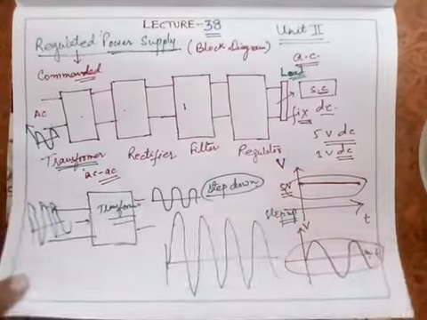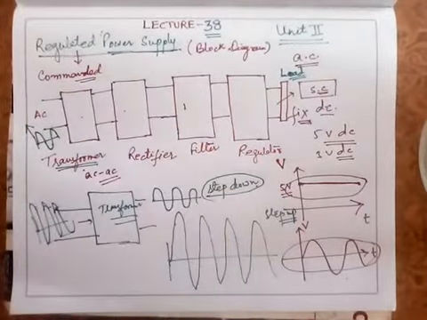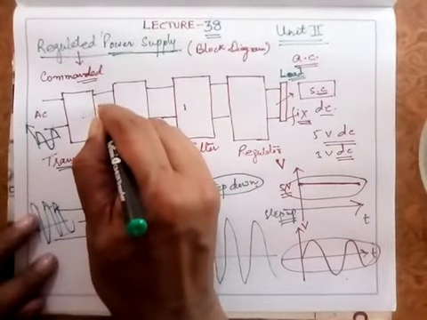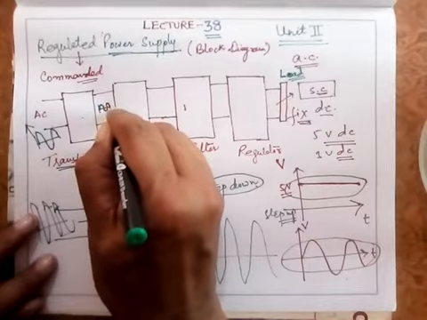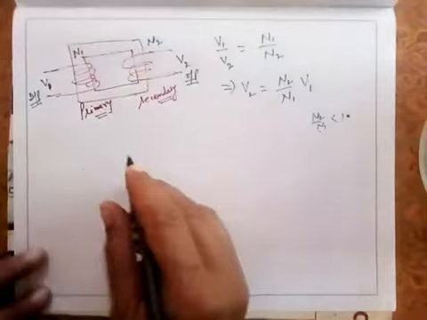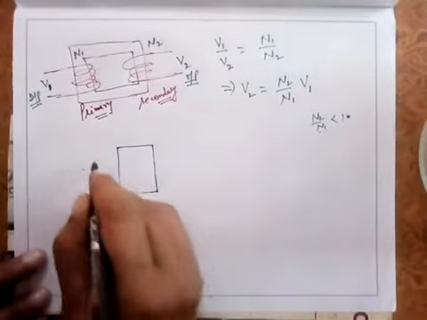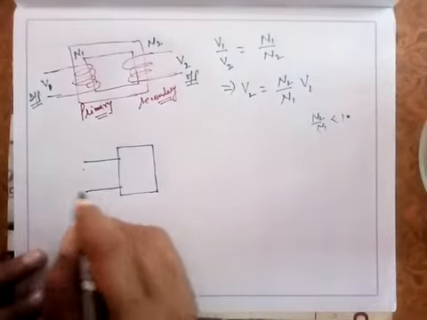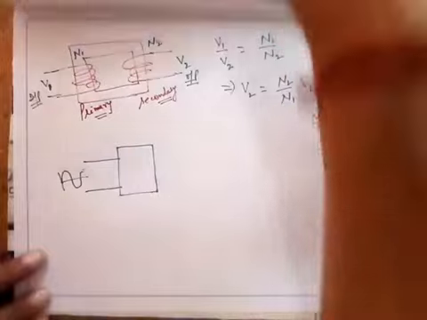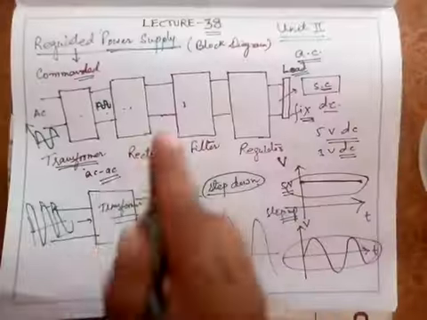Now what does this rectifier do? The second part is this rectifier. Suppose I assume that here this AC is converted to another AC. This is the output of the transformer where I get an AC, and it is the input to this rectifier.